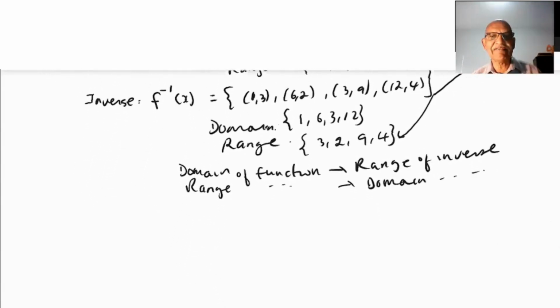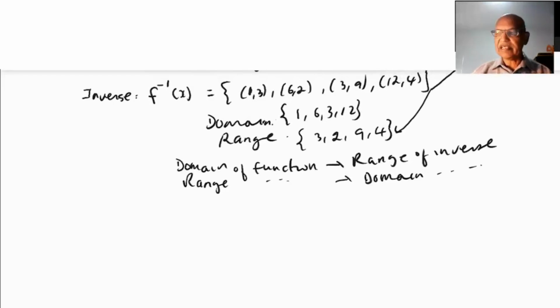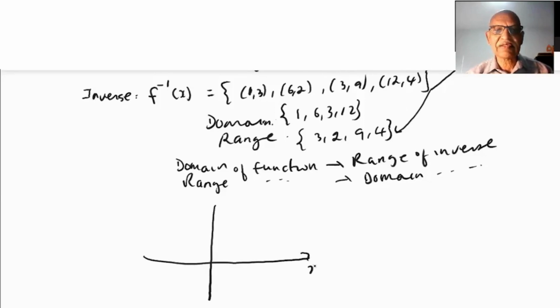So when we say inverse, first of all, we said inverse is exchanging x and y. So on a graph, inverse is a mirror image of the original function. Inverse of a function is a mirror image on y equal to x.